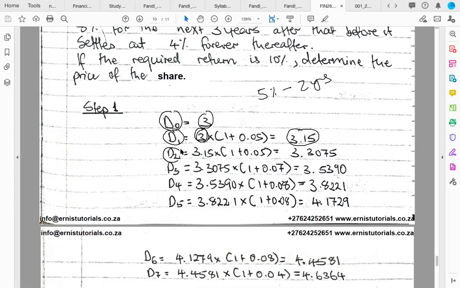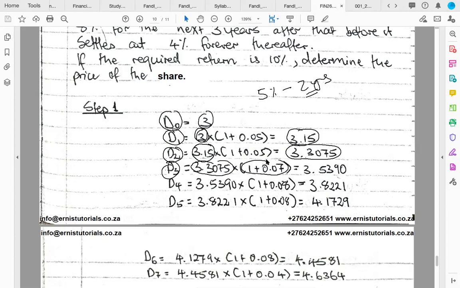Then to get the expected dividend at the end of year 2, we take D1 multiplied by 1 plus 5% again, because we are growing at 5% for the first 2 years. Then we get 3.3075. So that's D2.